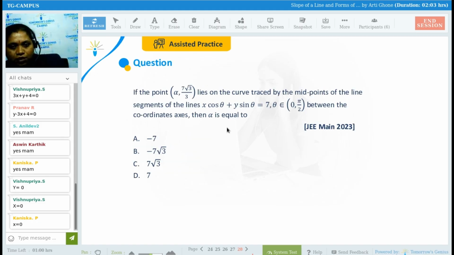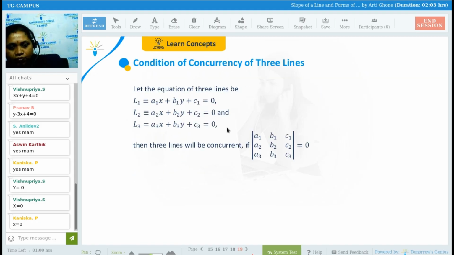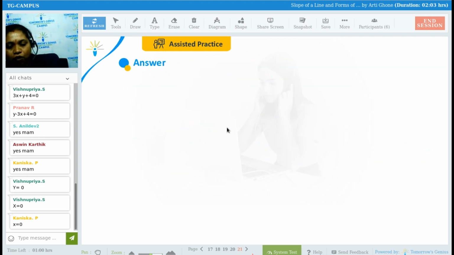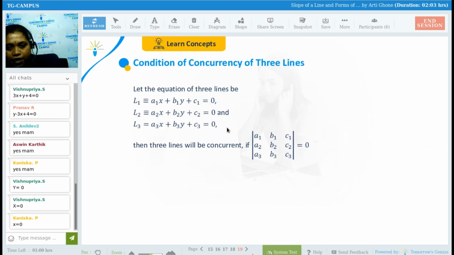Now, the condition for concurrency. What is concurrency? When two triangles have all sides equal, or side angle side, that is the test for congruence, it just means equal area.